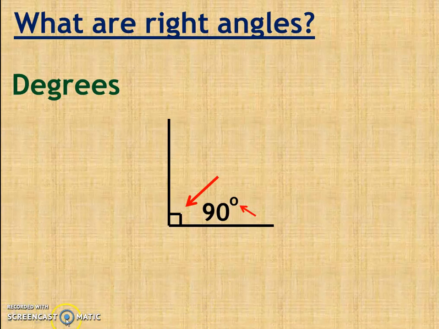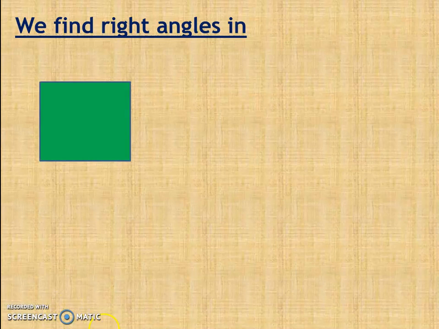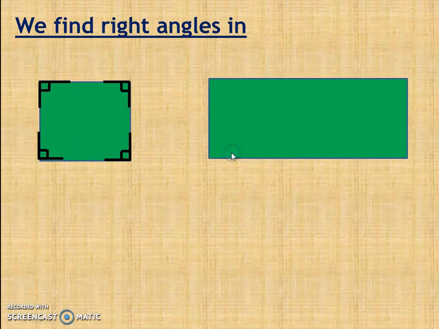Now, where can we find right angles? We find right angles in the corner of the square. Look at this one. A square has four right angles: 1, 2, 3, 4. And then we can also find right angles in the corner of a rectangle.